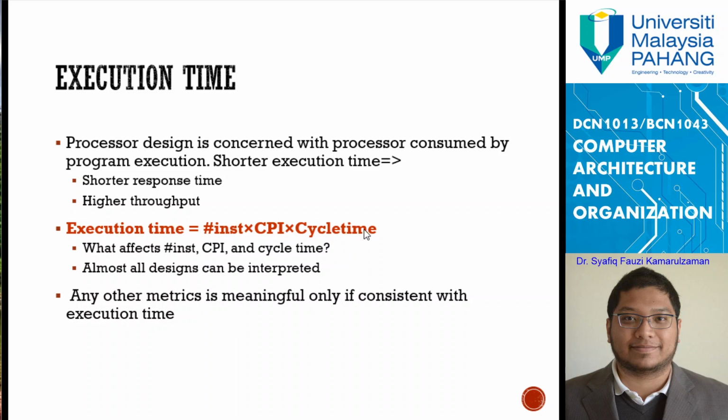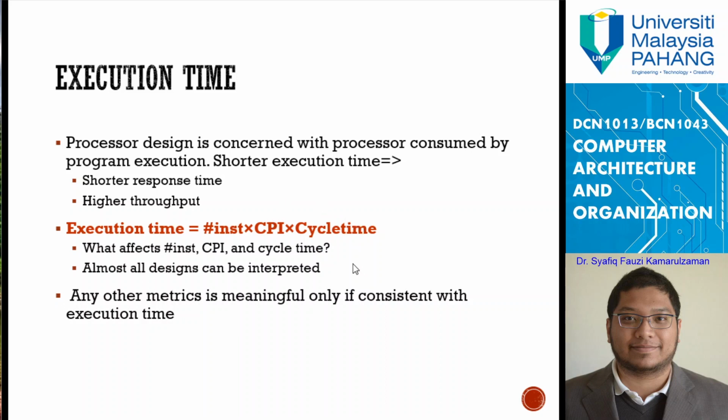The clock has a cycle which is commonly derived by the tick tock of the clock, and the cycle time is when it starts to tick and ends with the tock. So one tick tock is one cycle time, how long it takes. Cycles per instruction means how many tick tocks per instruction, and how many instructions are needed to execute a program.